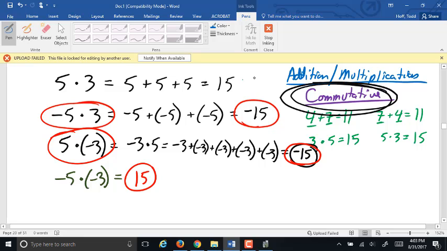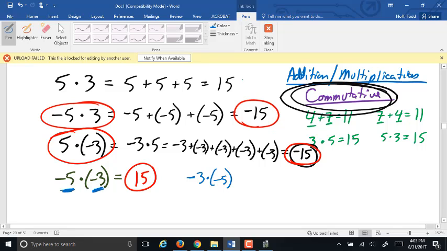Because if we look at that, if it's asking us to take negative 5 and repeat it negative 3 times, that doesn't make much sense. Even if we switch it around and do negative 3 times negative 5, taking negative 3 and repeating it negative 5 times doesn't make much sense.